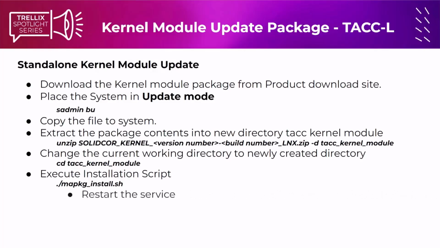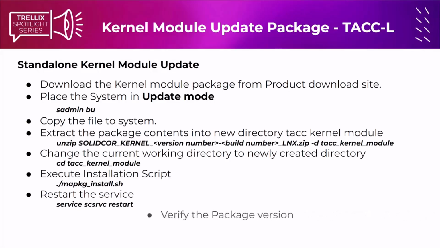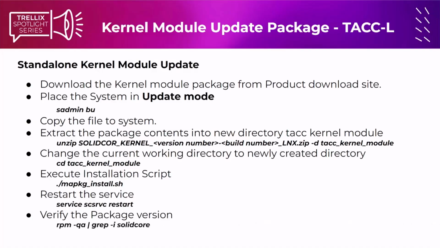Once the execution is completed, we will have to restart the services using service sesrvc restart. And then we can go ahead and verify the package version using rpm-qa, or if you're using Debian, then dpkg-l. Now let's see a quick walkthrough of the mentioned steps.